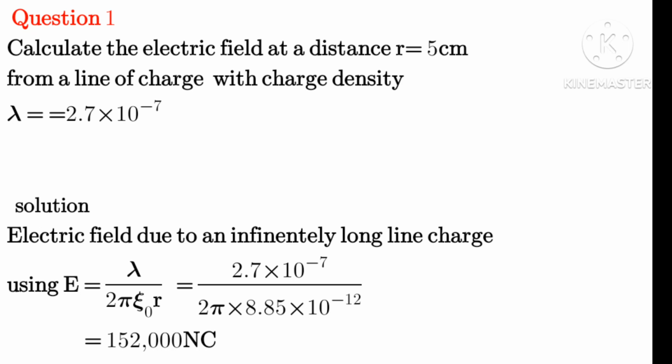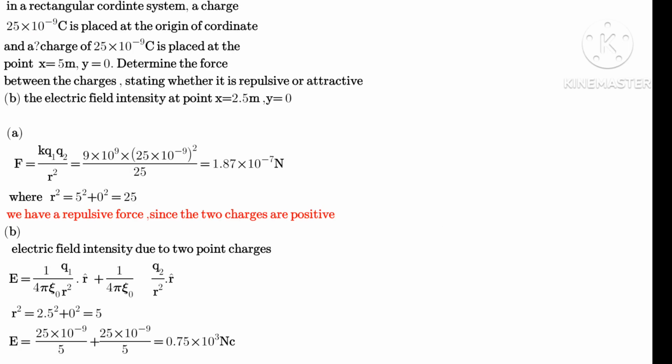Now we are moving down to question number 2. We have a rectangular coordinate system. The software I'm using to do this video does not permit me to make a construction, so we have a diagrammatical representation for this question. We have a charge of 25 times 10 raised to power minus 19 coulomb.